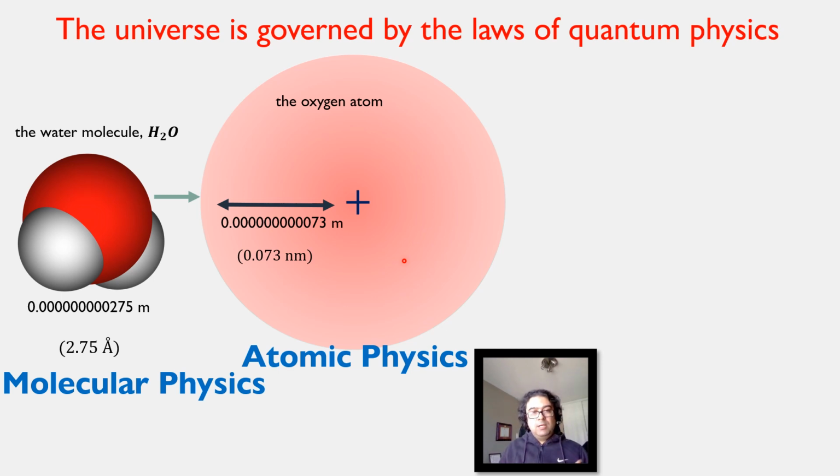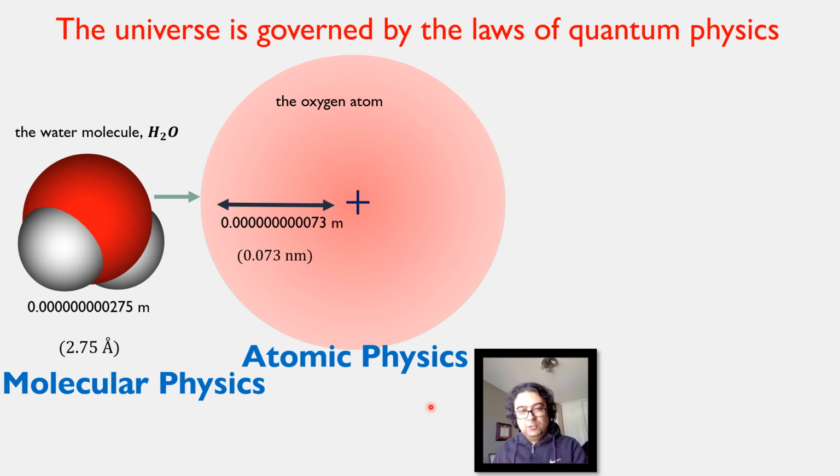All right, so the radius of the oxygen atom is 0.073 nanometers. A nanometer is 10 to the minus 9 meters. And as we expect, the atom must be smaller than the molecule. And in terms of meters, this is how tiny the size of an atom is. Physicists that study atoms work in the discipline of atomic physics.